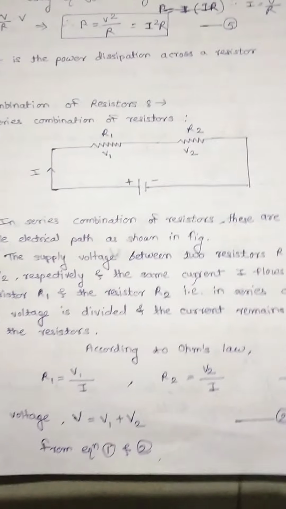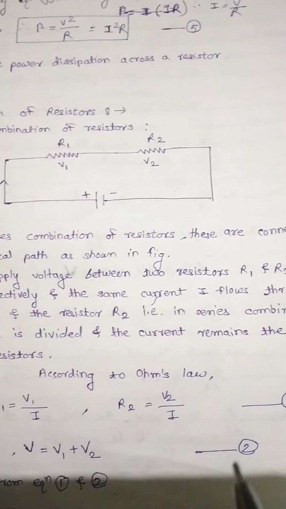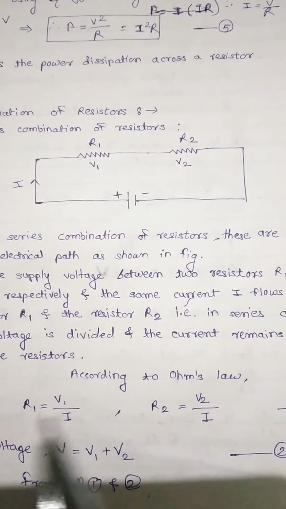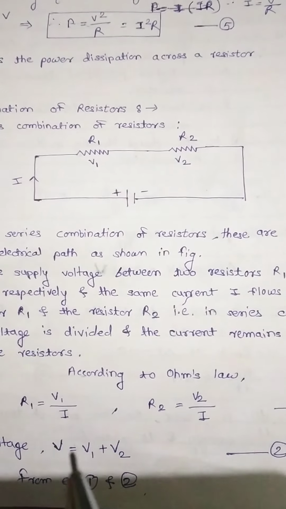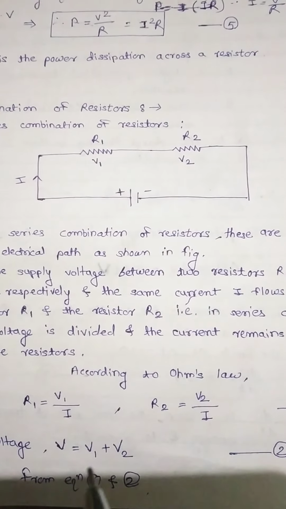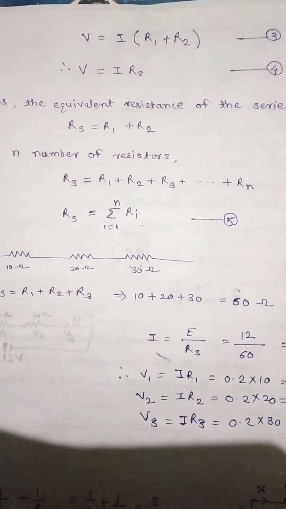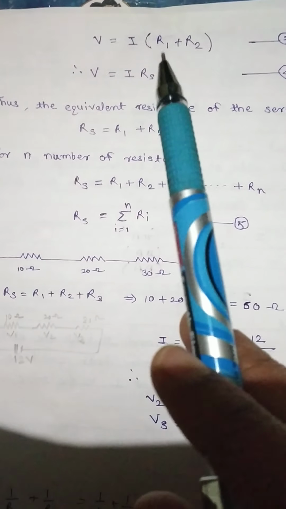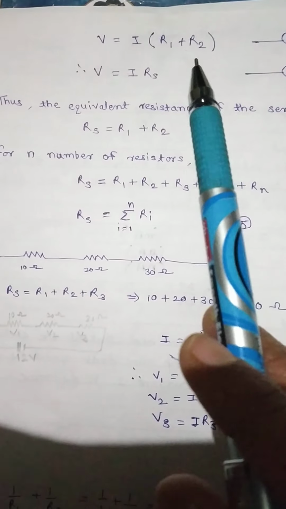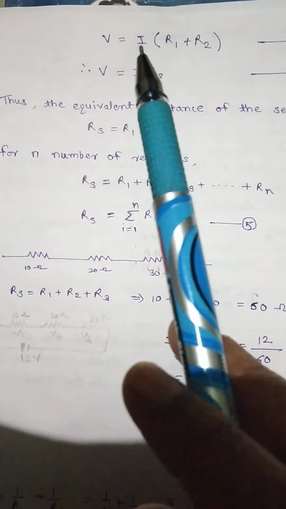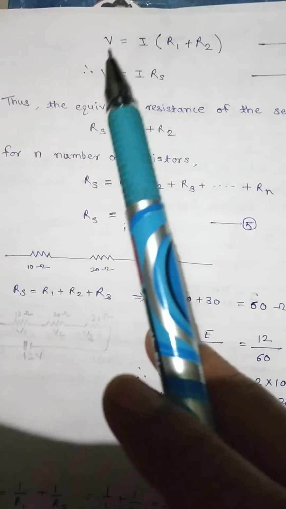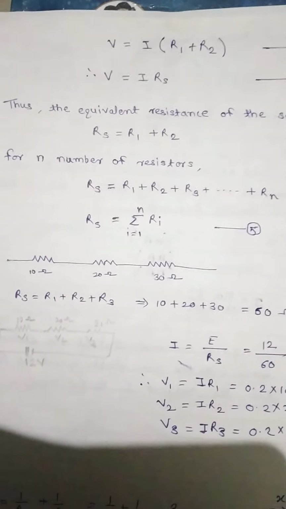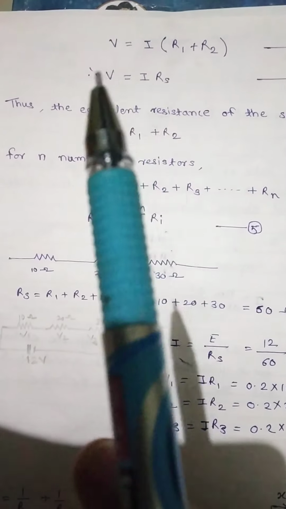So from these two equations for R1 and R2 and our total voltage equation, we get V is equal to I into (R1 plus R2), where R1 and R2 vary and I is common. So we get V is equal to I RS.